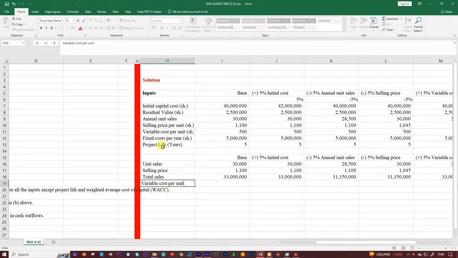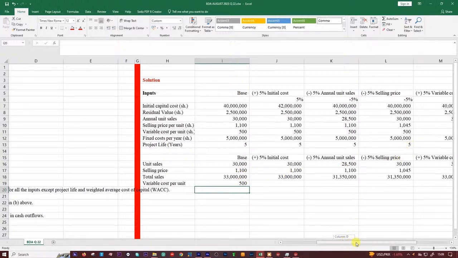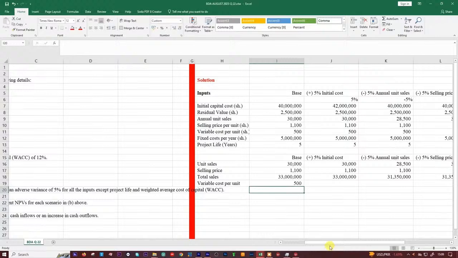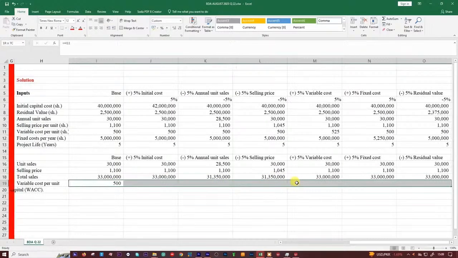You can clearly see it, it's just given to us over here, 500. So we just pick it. Remember, we're just picking the values the way they are over in the base case. Enter. And you remember the variable cost component changed at this point, where the variable cost was actually increasing at 5%. So it changed to 525. So we just move towards the right and then Control R.